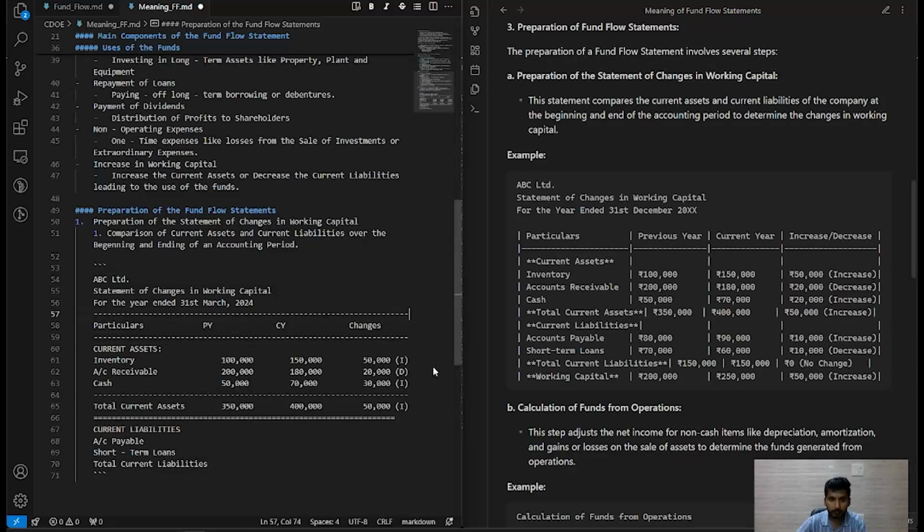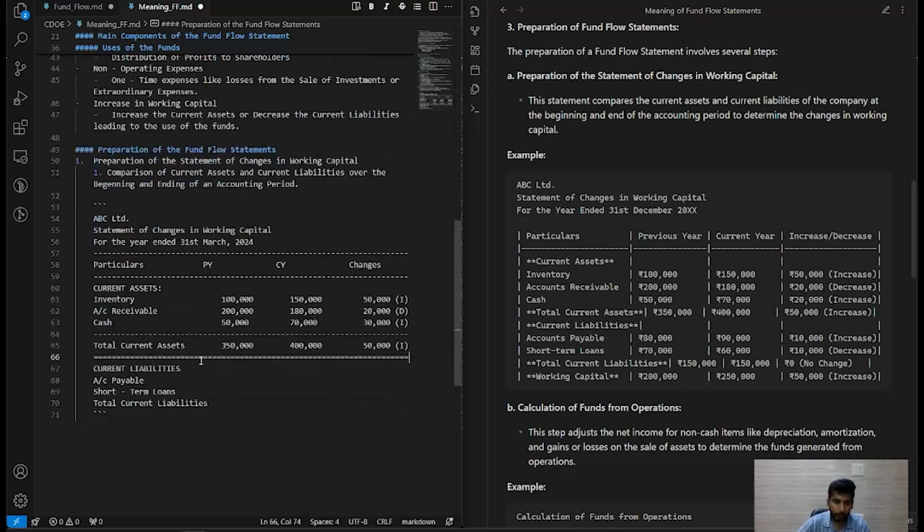And this. So we have the total of the current liabilities.